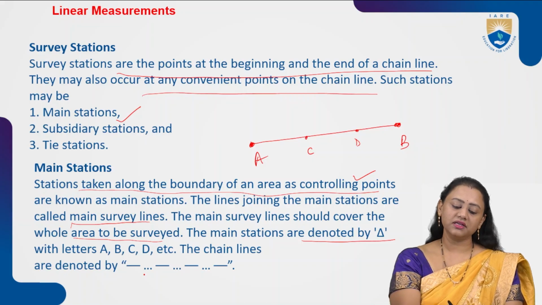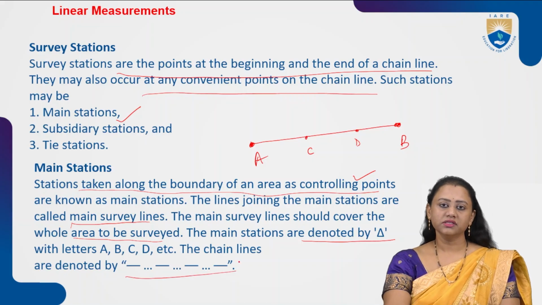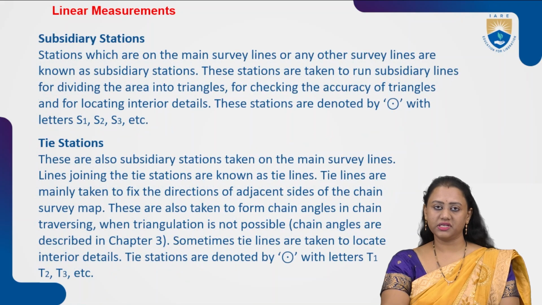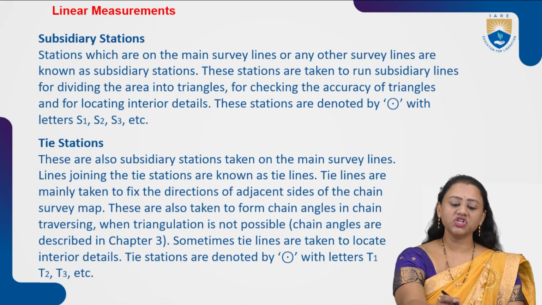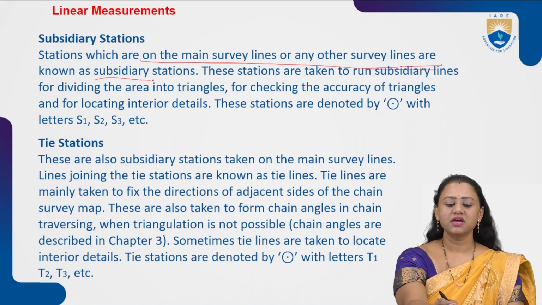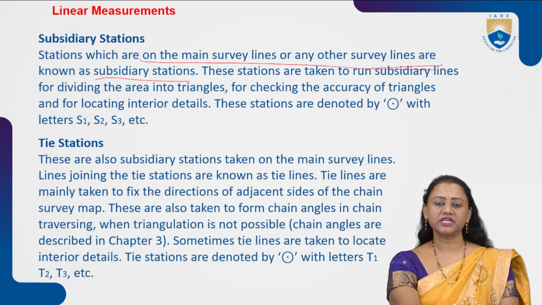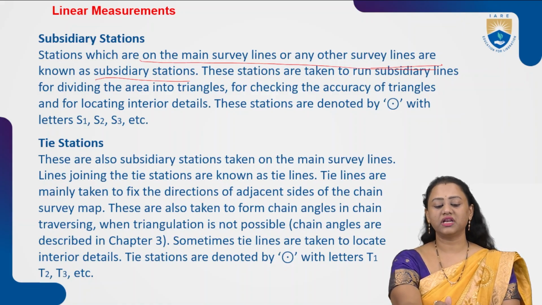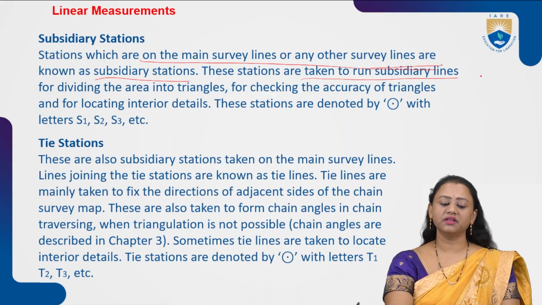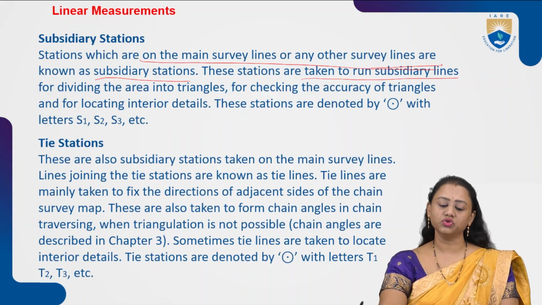Next, subsidiary stations. Stations which are on the main survey line or any other survey line are known as subsidiary stations. These stations are taken to run subsidiary lines by dividing the area into triangles.